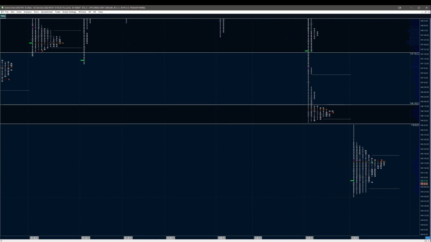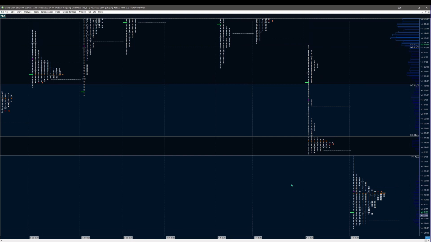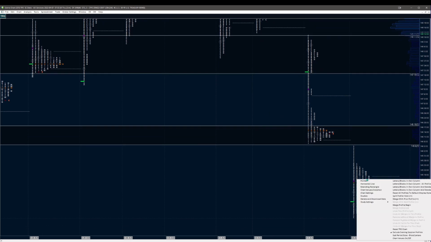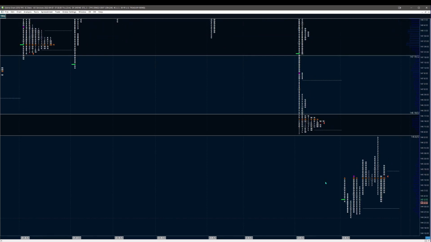So that's why I tend to keep my profiles based on volume, both in the point of control coloring and the value area based around volume. But it's important to have the time so you can plan out your probabilities.